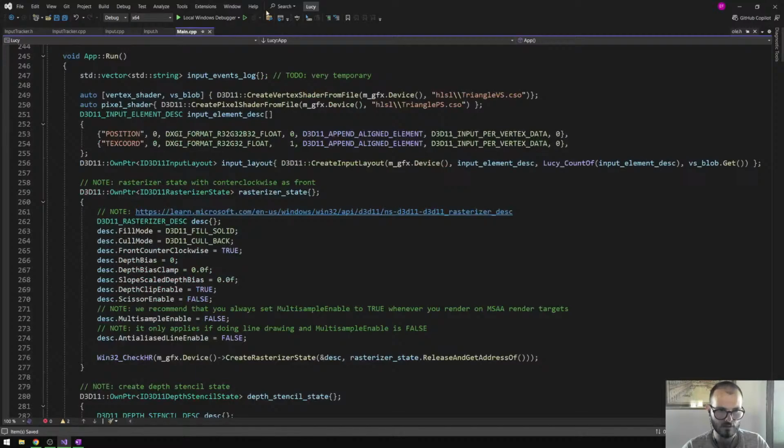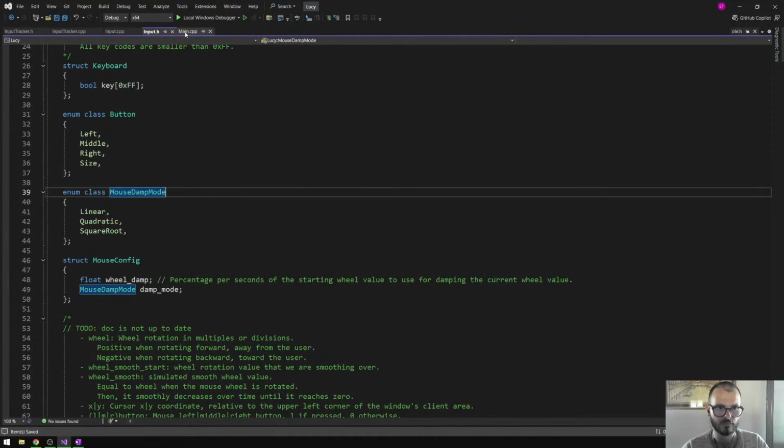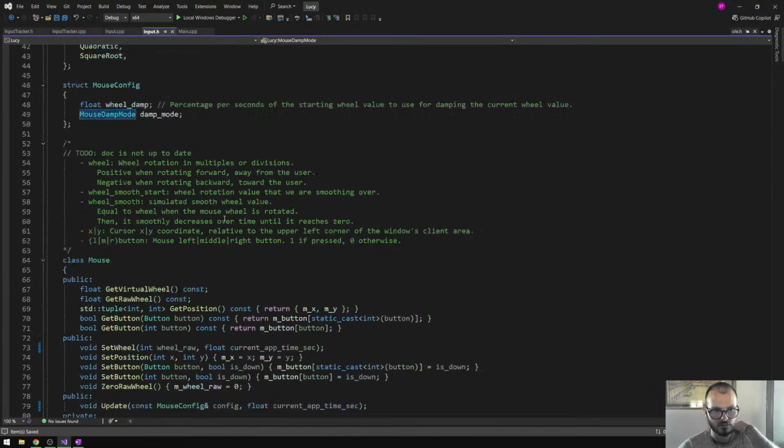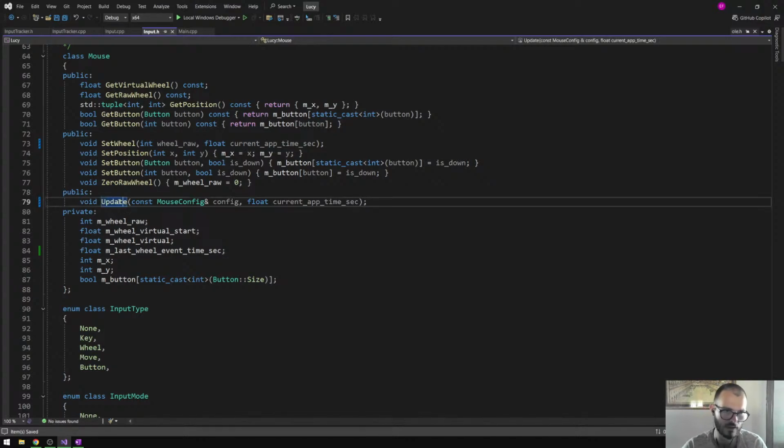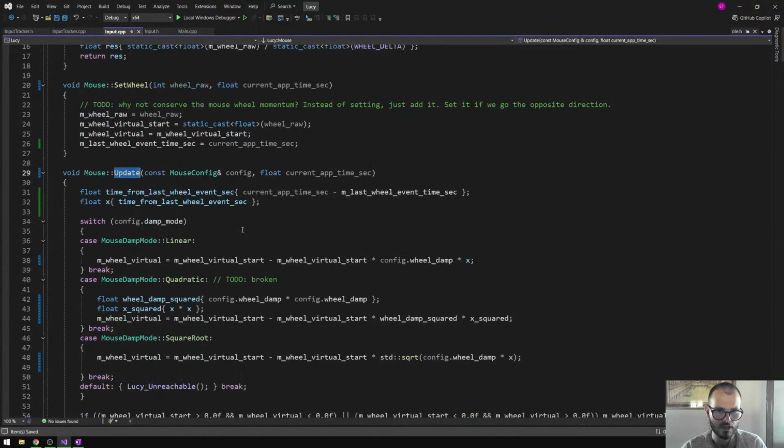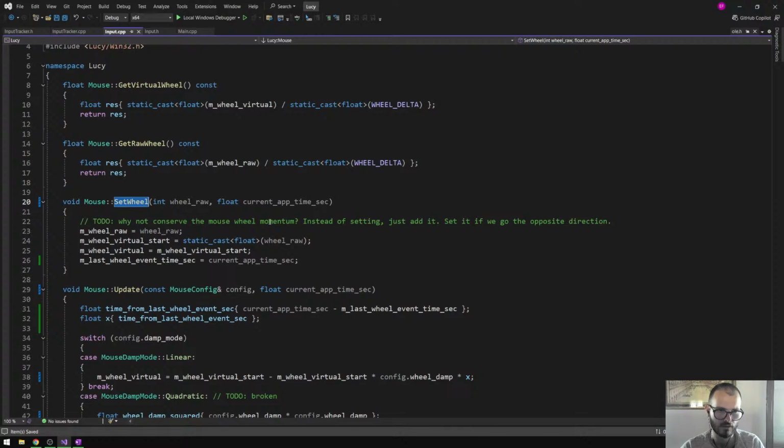There is only one thing missing, which is discussing the conservation of momentum when doing the update, meaning when setting the wheel.